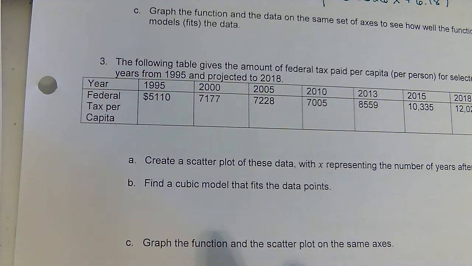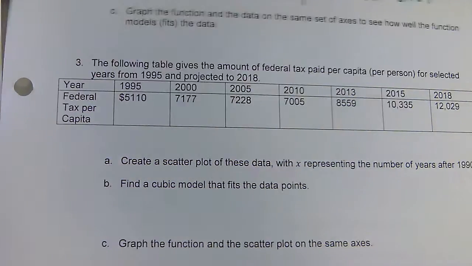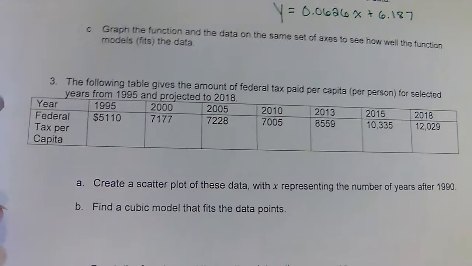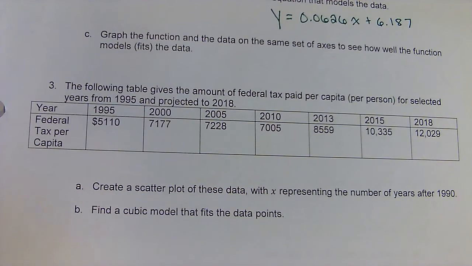Next one. The following table gives the amount of federal tax paid per capita, per person, for selected years from 1995 and projected to 2018. So it says we want to create a scatter plot of this data with x representing the number of years after 1990.